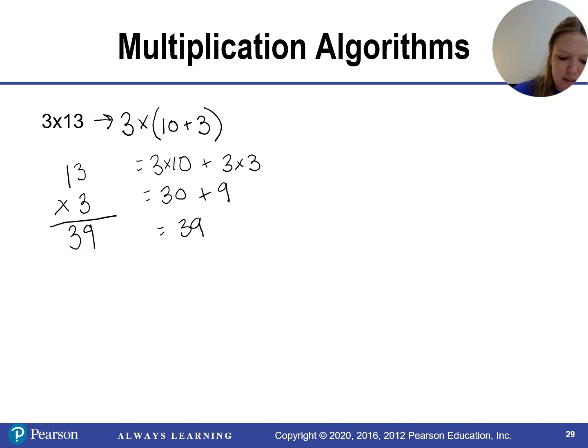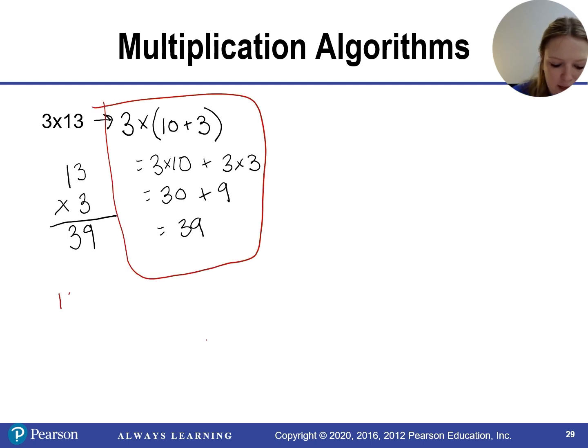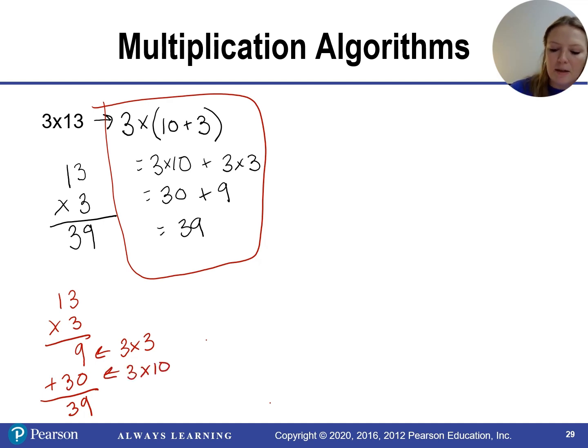This is known as partial products typically, and we might write it something like 13 times 3 is 3 times 3 is 9, 3 times 10 is 30, and I could sum those things together as 39. So again, 9 came from 3 ones times 3 ones, and 30 came from 3 times 10. And that's called partial products. And up here, this is more what we would call our standard algorithm.